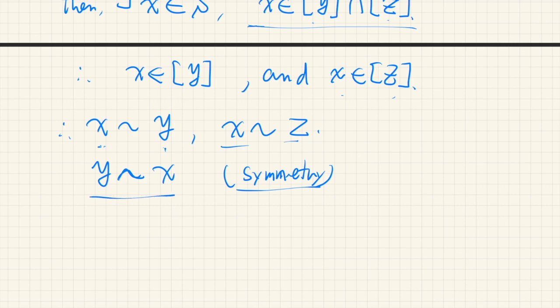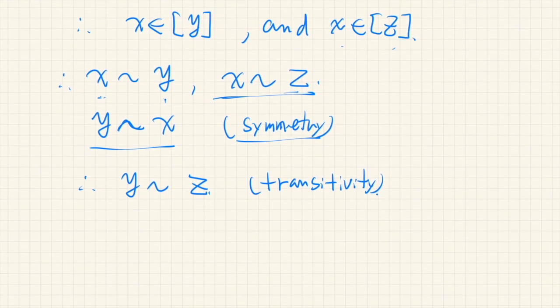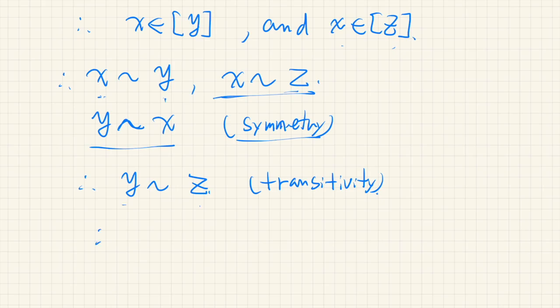And from here and here, we can use the transitivity property. So we have y is equivalent to z, by transitivity. So that means the equivalence classes of y and z are actually equal.